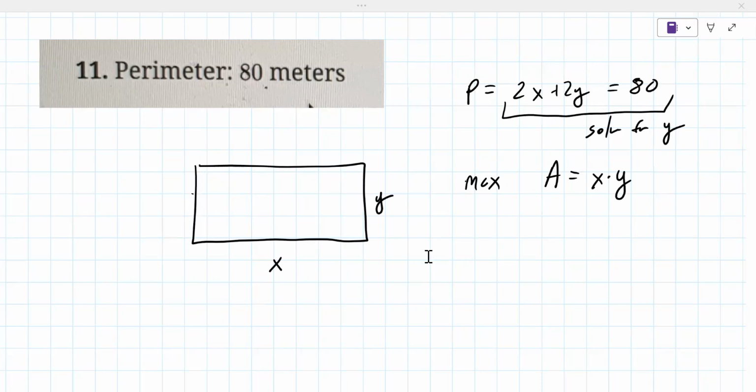I said A equals x times 40 minus x. Sure. I want you to take the derivative, set it equal to 0, like this. Yeah, just keep going. This is the standard problem.